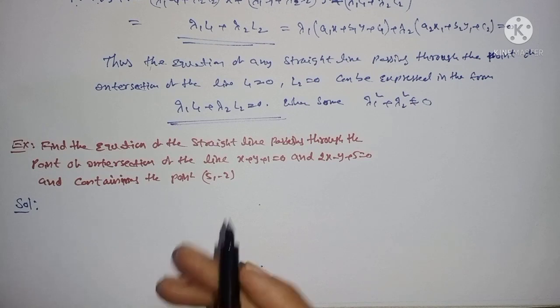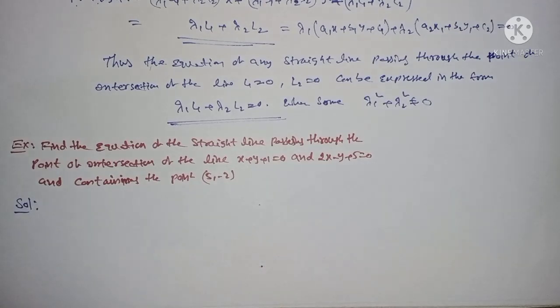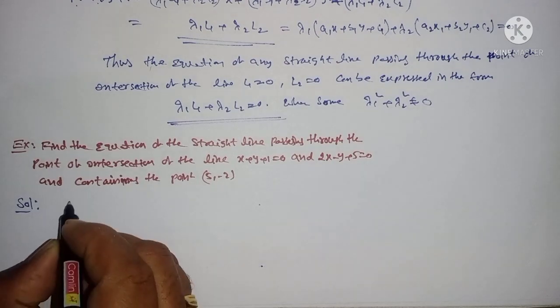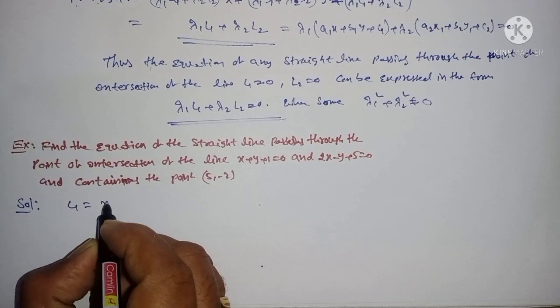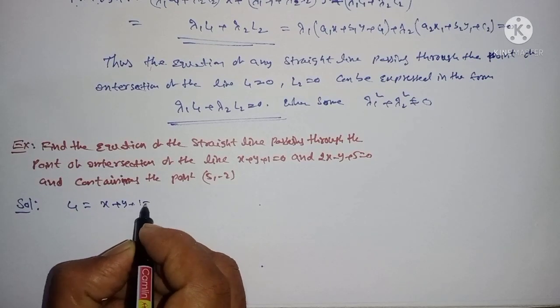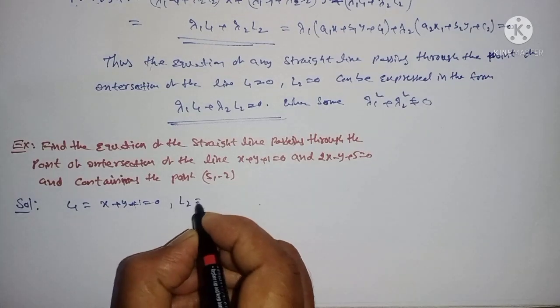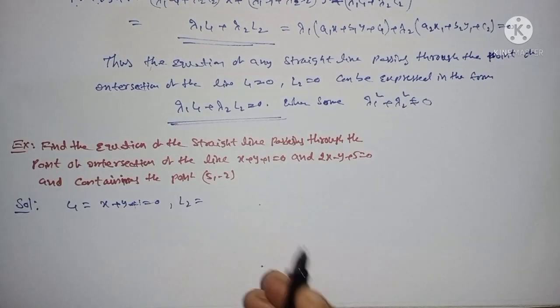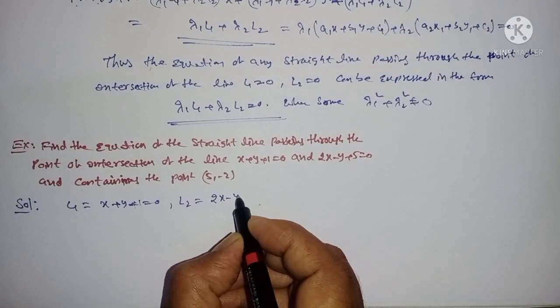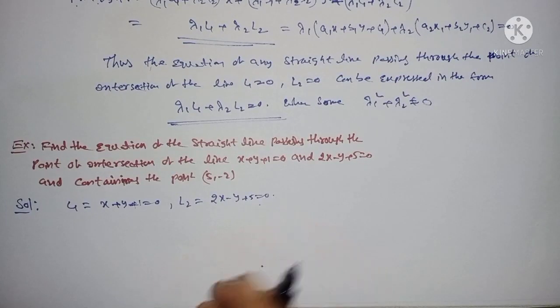Find the equation of the straight line passing through the intersection. Given L1, you can observe here, x plus y plus 1 is equal to 0, and L2 is 2x minus y plus 5 is equal to 0.